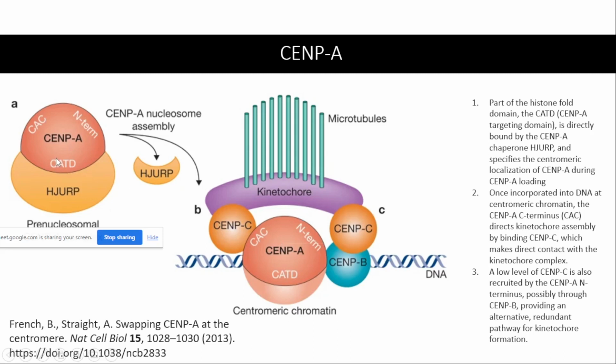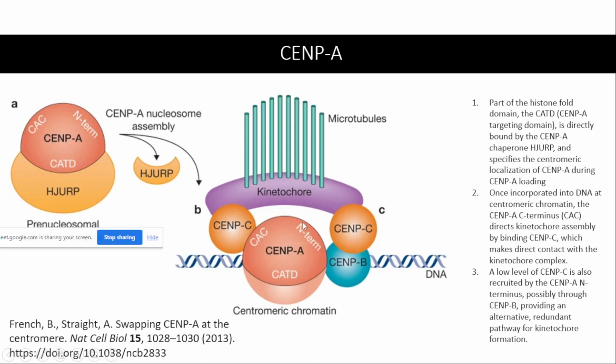In addition to the CATD, CENP-A has two more important domains. One is the C-terminal domain, the CAC domain, known as the CENP-A C-terminus, which is highly enriched in hydrophobic amino acid residues and directs kinetochore assembly by binding CENP-C. How?